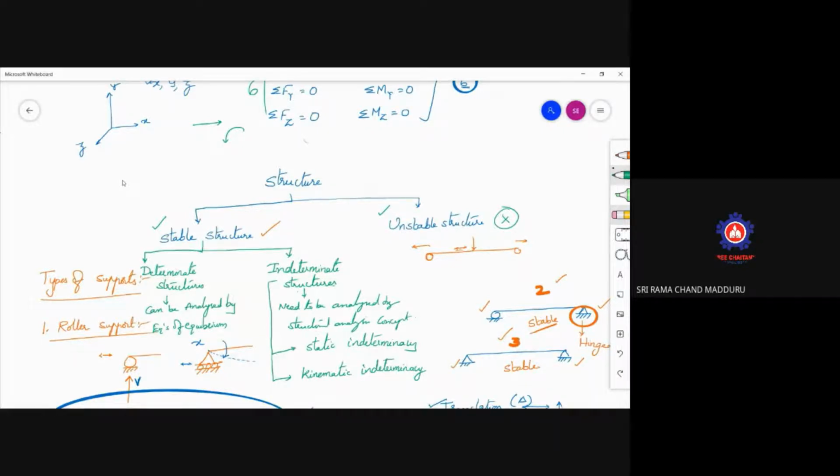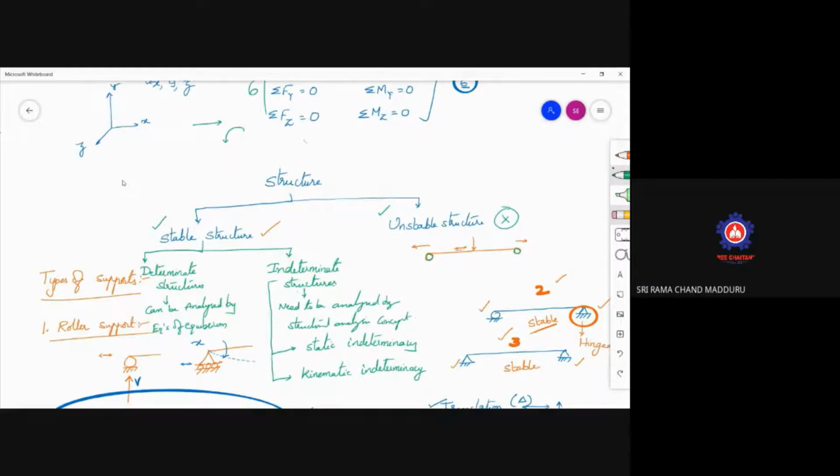A stable structure, in a simple definition, is one that should not deform upon application of the loading. For example, if you are sitting on a bench with two rollers placed at the bottom while I am teaching the class, what happens to you?